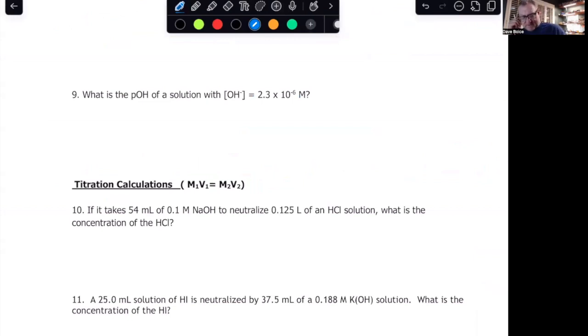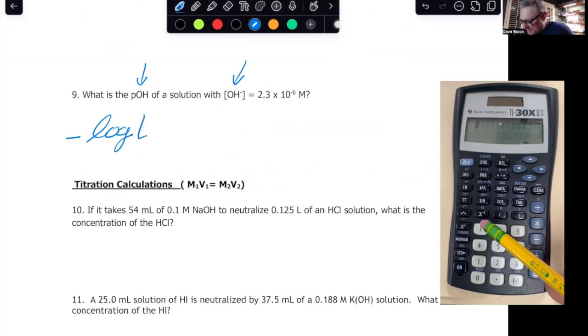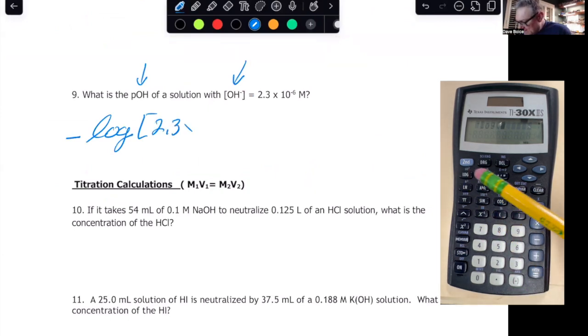What is the pOH of a solution with a hydroxide concentration of 2.3 times 10 to the negative 6? The only thing I'm going to do, because I want pOH and I already have the concentration of hydroxide, is simply negative log of my concentration, 2.3 times 10 to the negative 6.